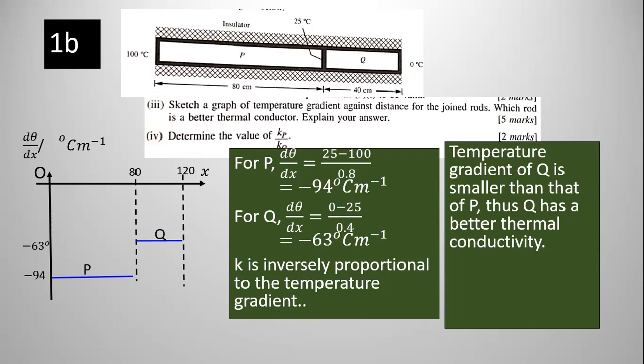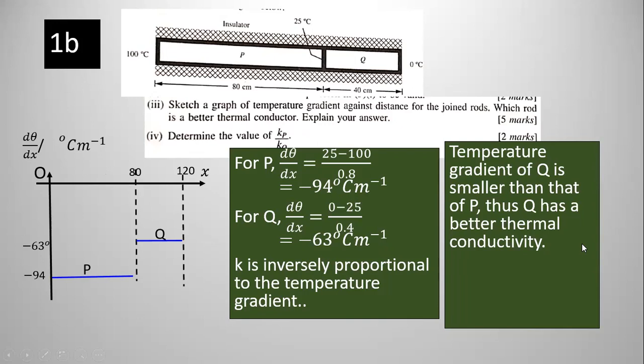And then you have to tell which one is the better thermal conductor. That one is 1 mark, sketching is like 2 marks, calculating is 2 marks, something like that lah. The graph itself will be 2 marks, I think, with the values there, the right proportion, roughly the right scale. Which rod is 1 mark, calculation 2 marks, graph 2 marks.